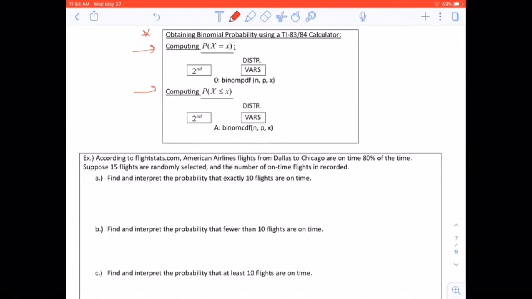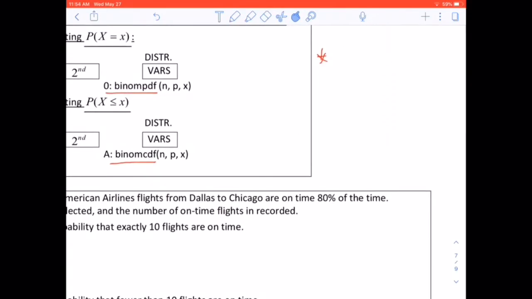So if you notice for both of these, you're going to go to second vars. And you'll notice you're going to either use binomial PDF or binomial CDF, depending on which symbol it is that we have. The one that we don't have, and we're going to add it in over here on the right, is what happens when we have a greater than. And so we would have the probability that x is greater than our x value.